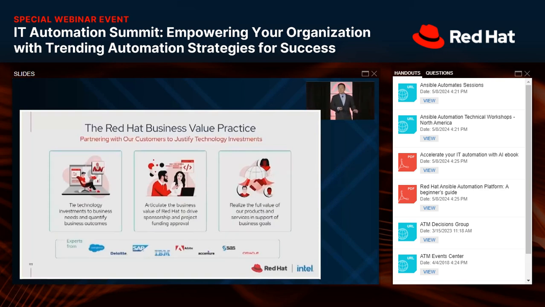A little bit about the Red Hat Business Value Practice, which I'm a part of. We're about 30 people within Red Hat that focus on linking existing and potential technology investments to business outcomes. A lot of times a customer will come to us, say an IT team that really knows that Ansible is improving their enterprise, and they'll say, we want to get this project approved, but we need to do a financial justification.